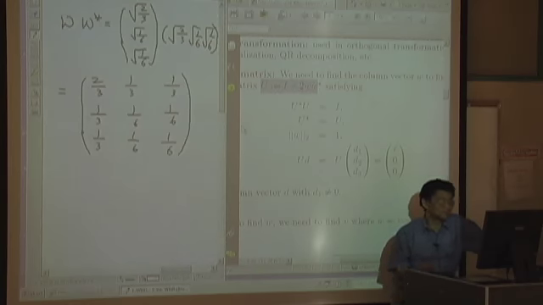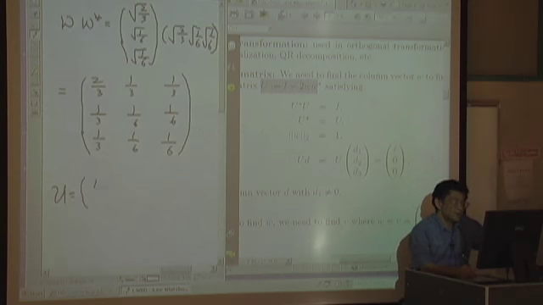So U equals the identity 1, 0, 0, 0, 1, 0, 0, 0, 1 minus 2 times this thing, 4/3, 2/3, 2/3, 2/3, 1/3, 1/3, 2/3, 1/3, 1/3 subtracted.